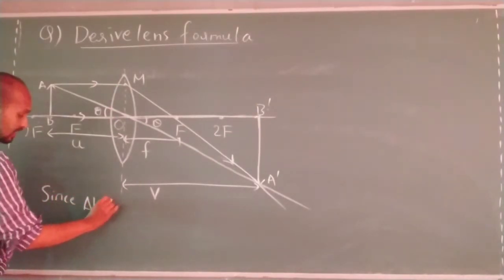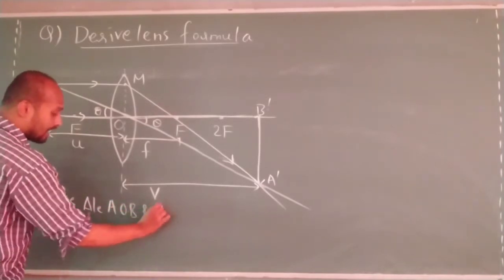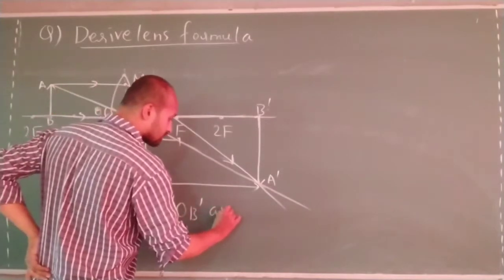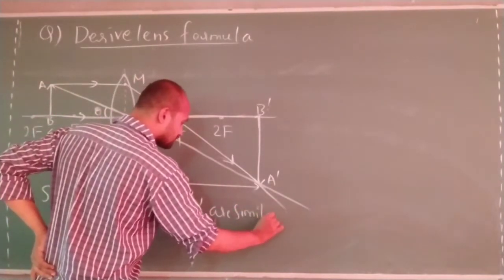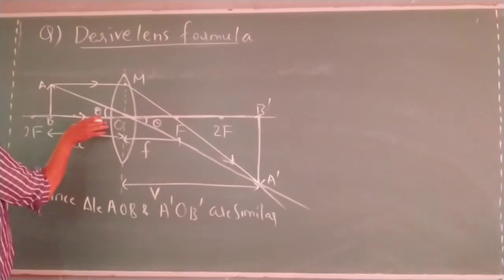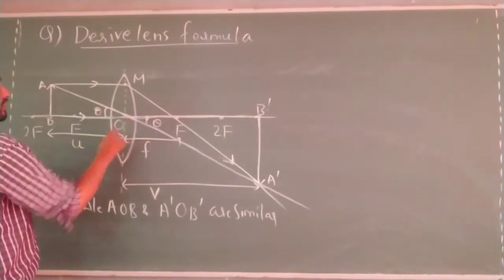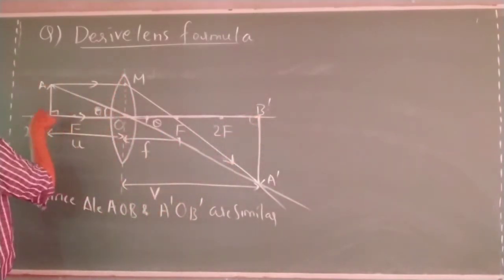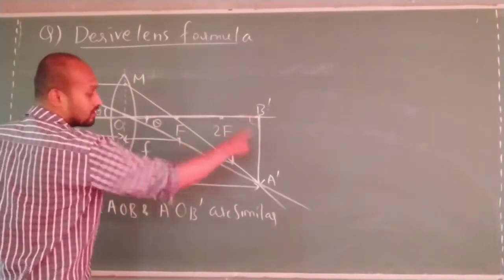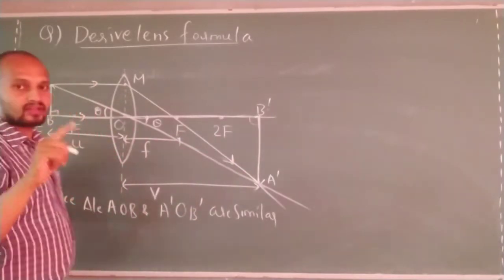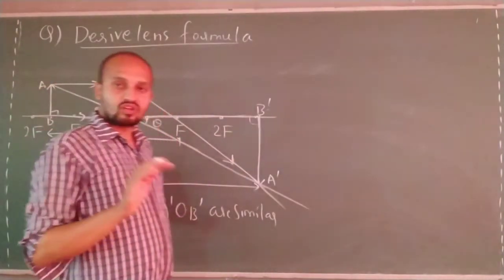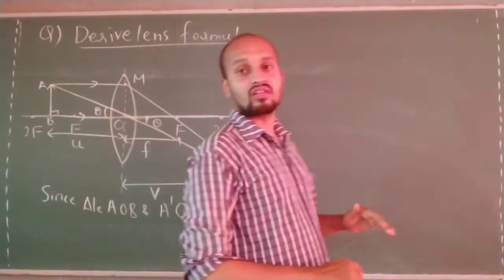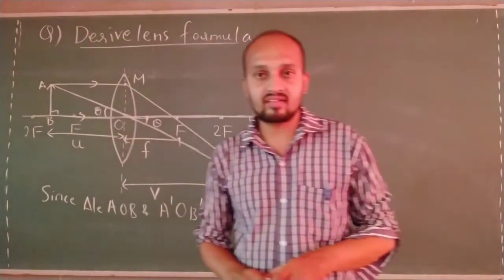Since the triangles AOB and A dash O B dash are similar. How can you say? See here, this angle is the same, this angle is the same, such that if these two angles are the same, the third angle of the triangle also remains the same. Okay, but their sides are not the same, the angles are the same, so they are going to become similar triangles.